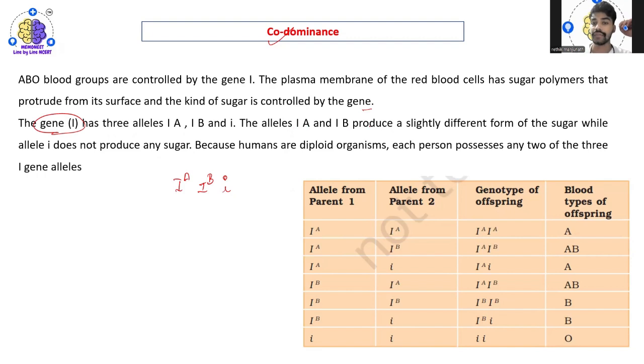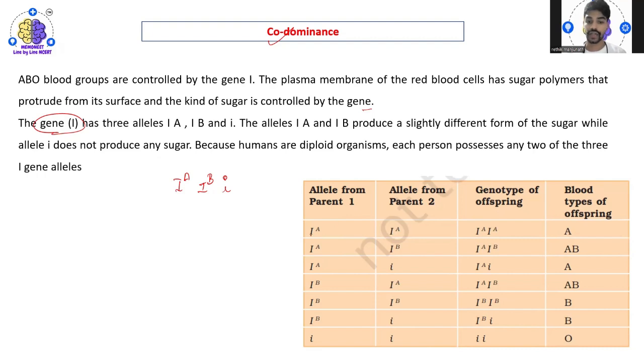Alleles I^A and I^B produce slightly different forms of sugar, while the allele small i does not produce any sugar. Because humans are diploid organisms, each person possesses any two of the three kinds of I gene alleles.